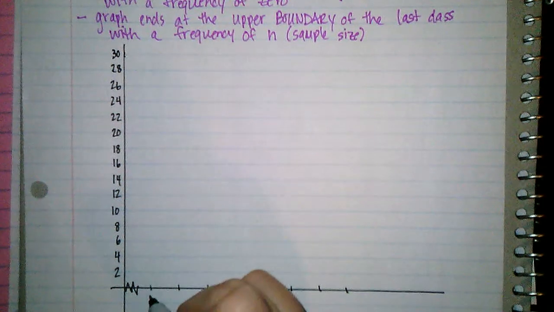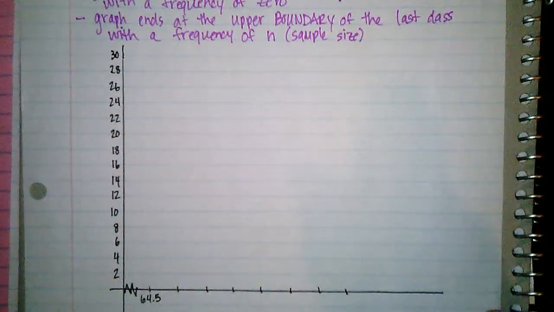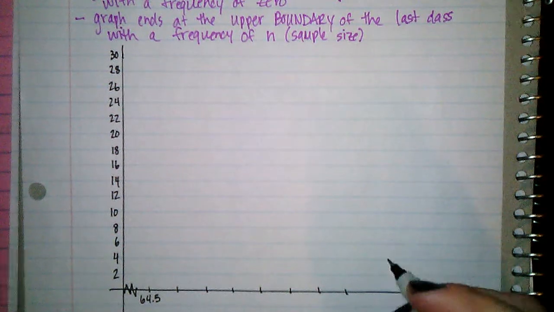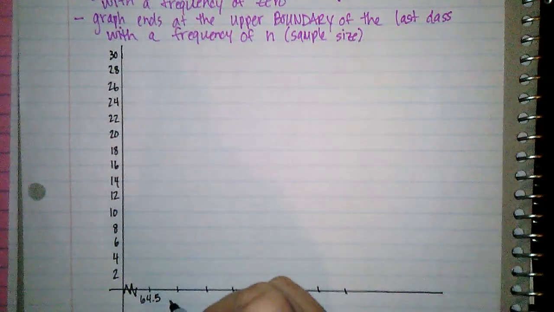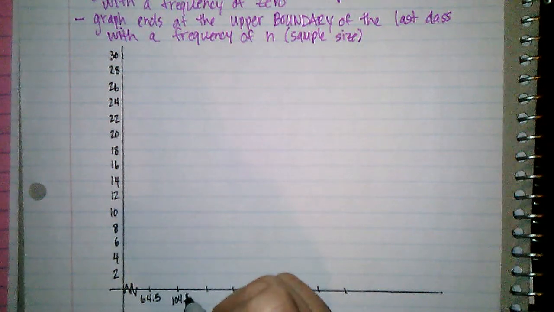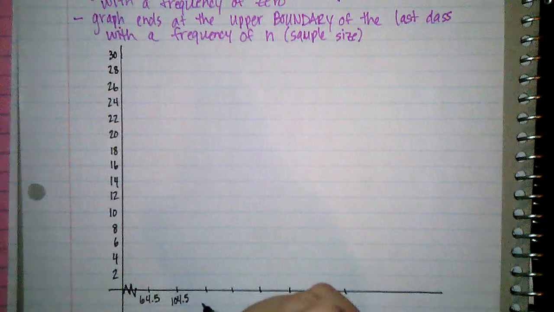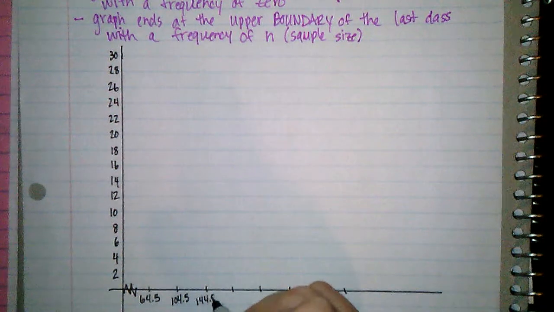And since it's using class boundaries, our lowest one was 64.5 and our highest one was 344.5, and they went by 40s. So our first class was from 65 to 104, which means our boundaries go from 64.5 to 104.5.